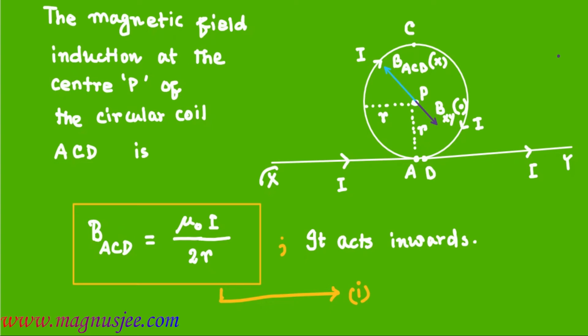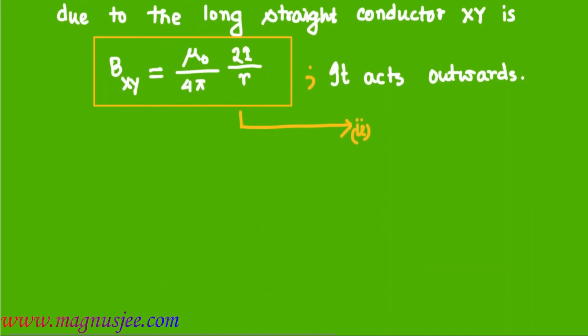Through the conductor XY, current I is flowing from X to Y end, and at the center P, magnetic field induction BXY will be acting outwards and perpendicular to the plane of the coil. Under the bracket of BXY, we denote a dot. Dot means it acts outwards.